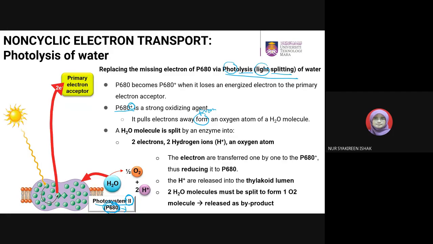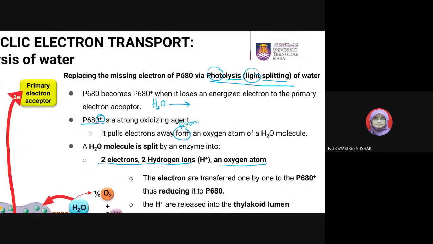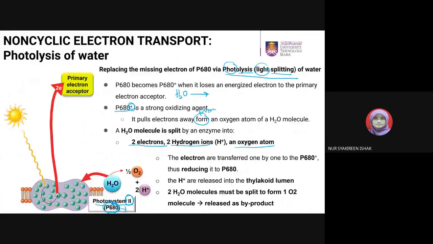Okay, so a water molecule is split by an enzyme into two electrons, two hydrogen ions and 1 oxygen atom. So kalau awak tulis dia punya formula adalah 1 water molecule will be split, using light energy and also catalyzed by enzyme into 2 electrons, 2 hydrogen ions, and 1 oxygen atom.